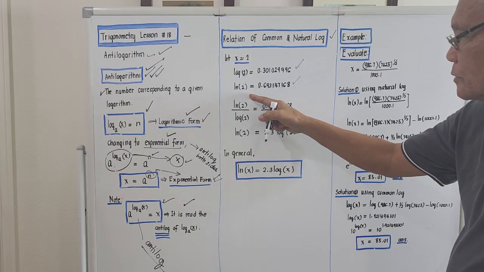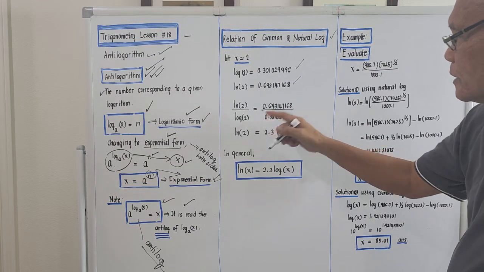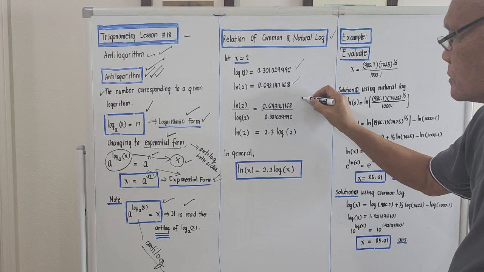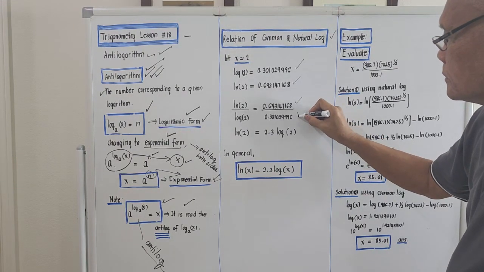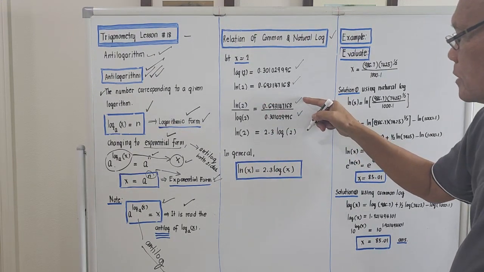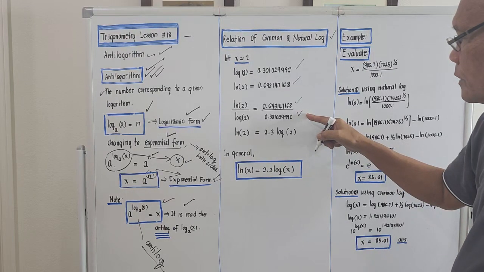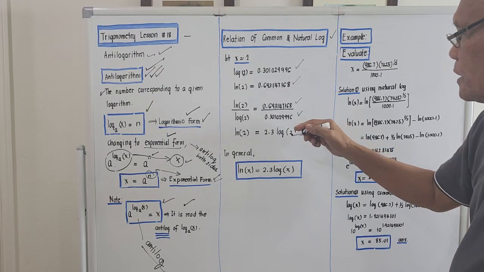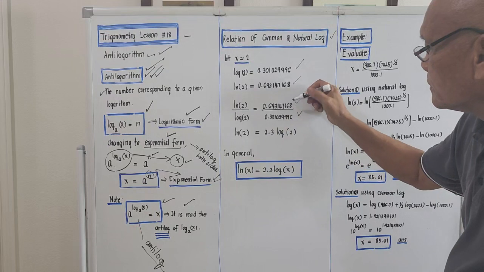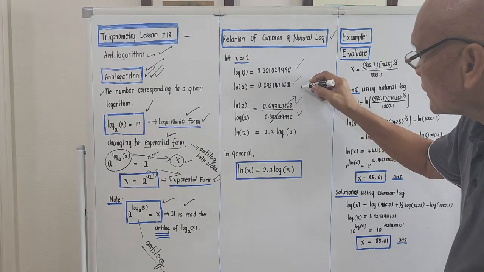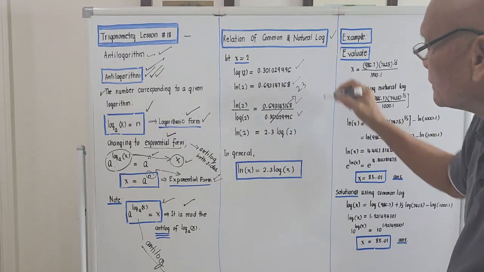Natural log is this one, common log is this one. If we try to simplify this one, what will come out will be 2.3.